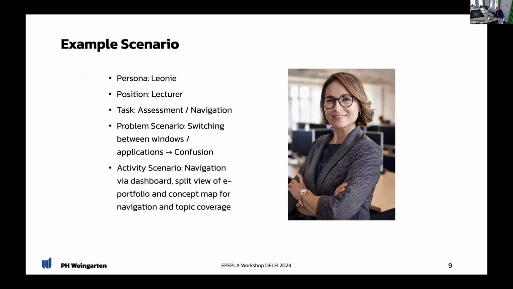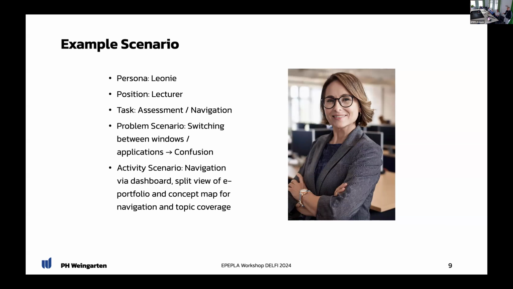So just to give you an example, here's a persona. Personas are just fictional characters to make it easier to understand their problems. So this is Leonie. She's a lecturer at the university, and her task is the assessment of portfolios, and more detailed, the navigation in portfolios.